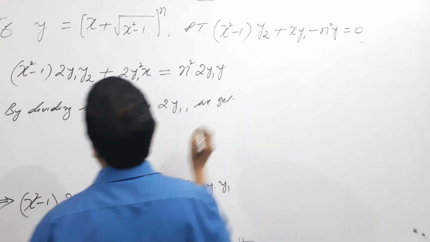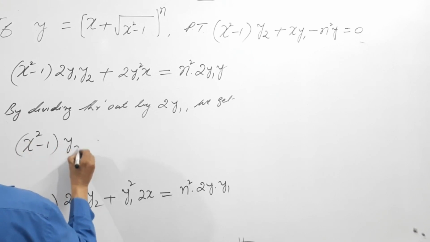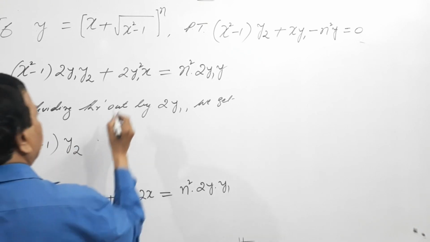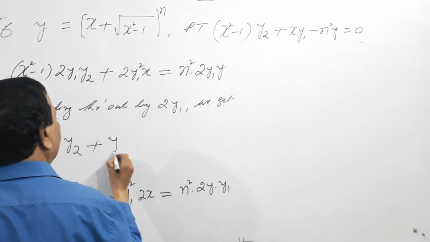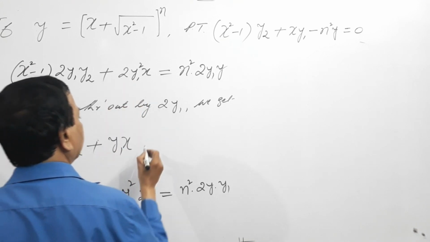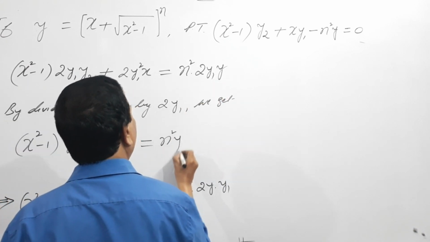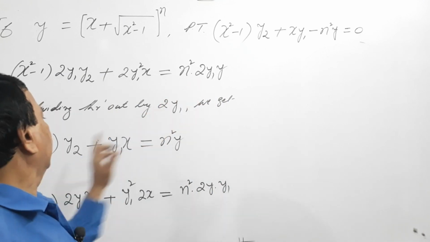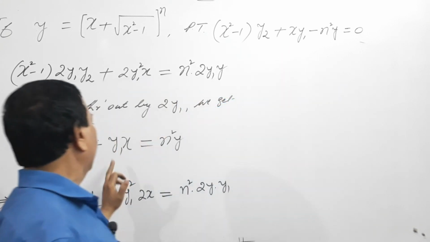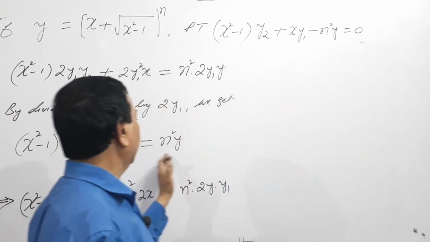Here 2y1 cancels, that becomes x square minus 1 into y2, plus here 2y1 goes, we will have x y1, equals, 2y1 will go, this will be n square y, right? What we want is x square minus 1 into y2 plus x y1, but I have got n square y on the right, so we will rearrange it. I will bring it to the left hand side.